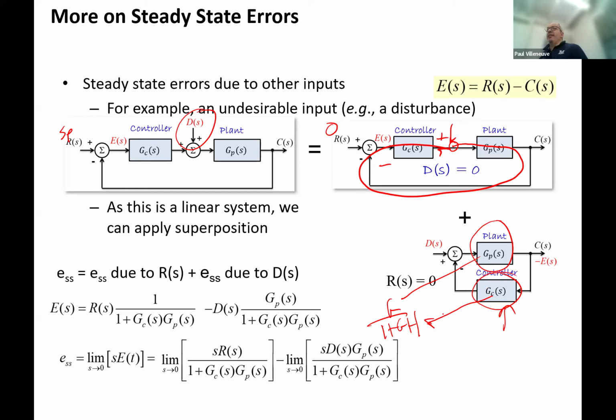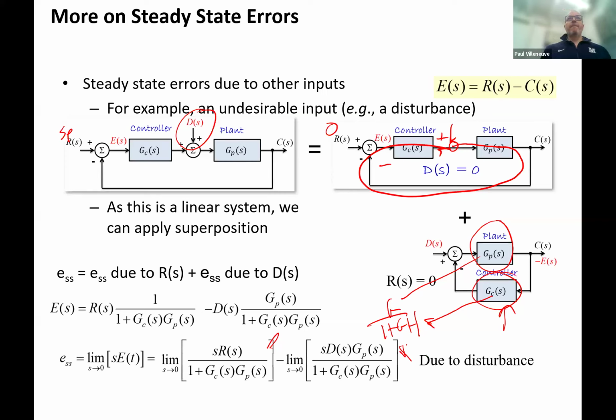Notice that my simplification to just get the open loop transfer function changes a little bit, right? This is still going to be the open loop transfer function. Here we have to use the closed loop transfer function to get back there.